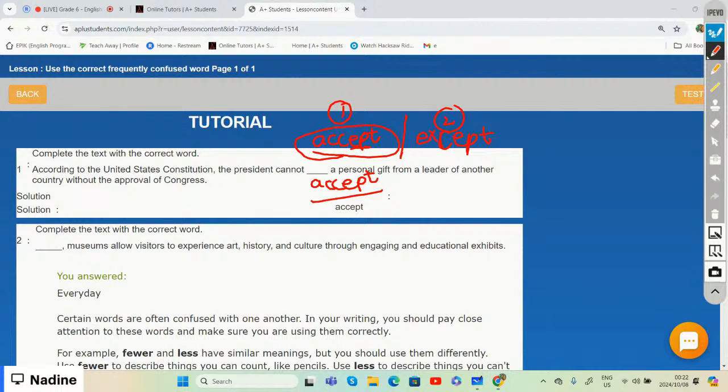The second one says, all right, so we say museums.